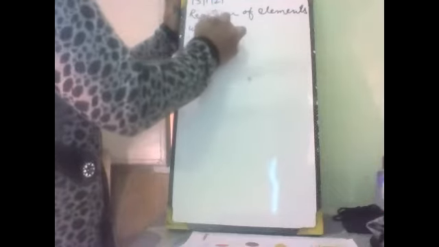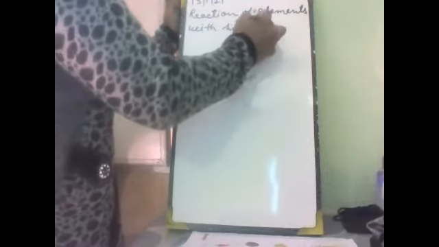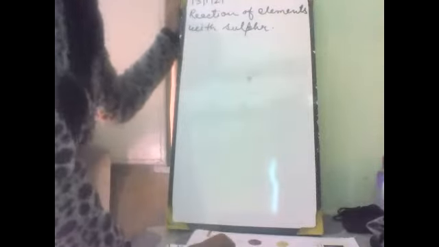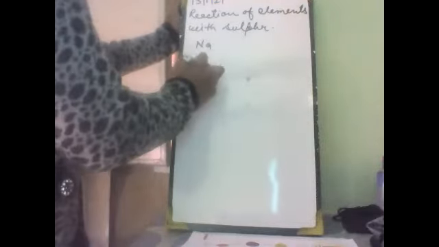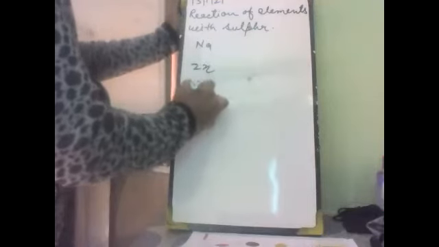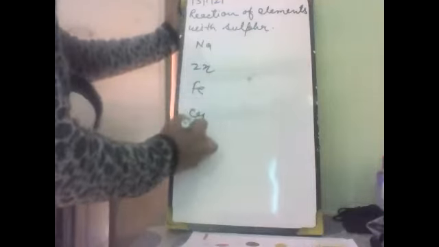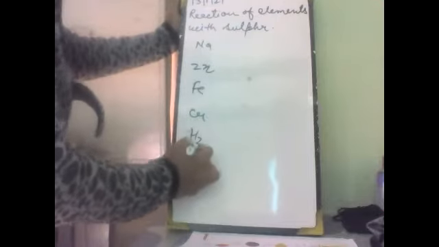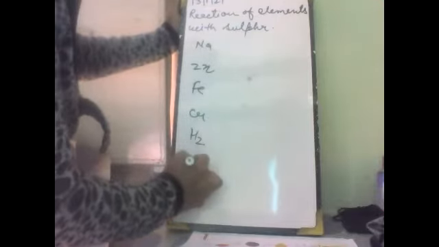Elements with sulfur. Here are different reactions: when the element is sodium, when the element is zinc, then Fe, Cu, H2, Na, Ag.